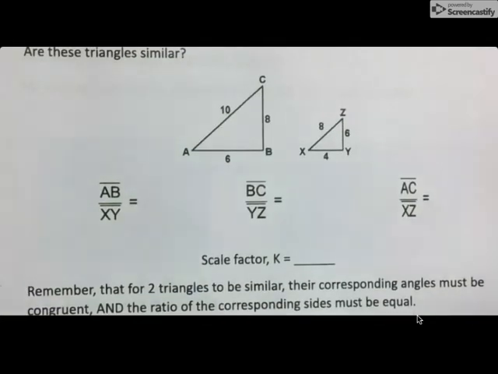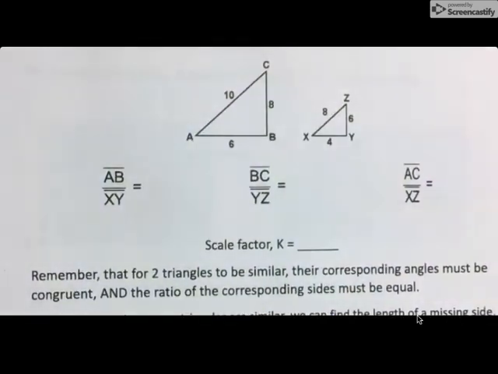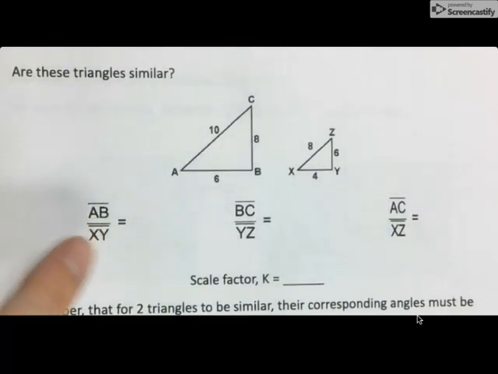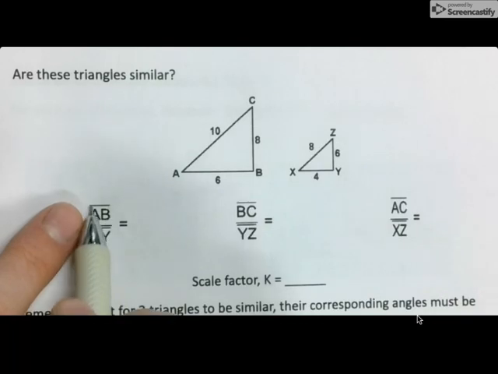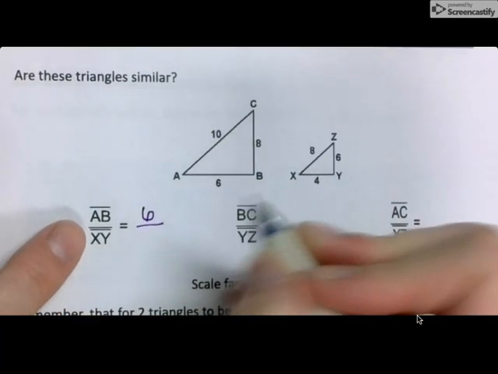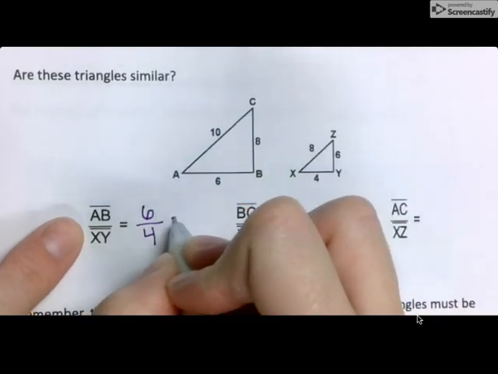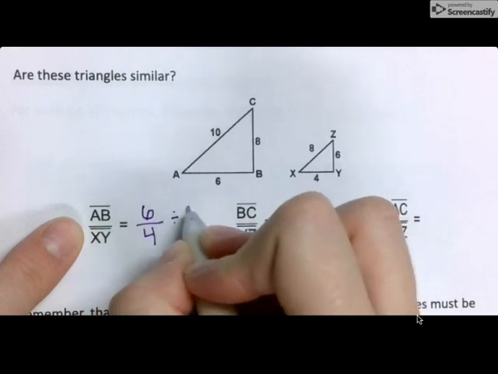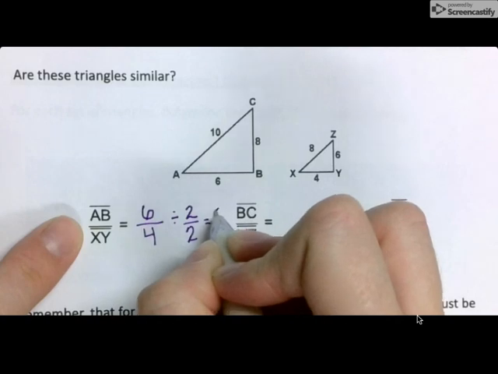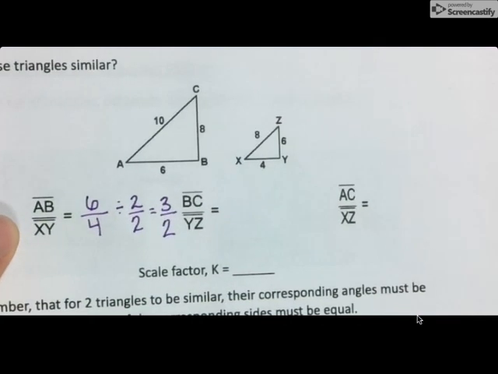All right. So it's asking us now. It's not telling us, it's asking us now. Are they similar? So if we take the side of AB, that's what this means, AB with a line over it, just as line segment AB, that's 6 over XY, that's 4, and I reduce both of these by 2, I end up with 3 over 2. We're going to see if the next ones give us the same thing.